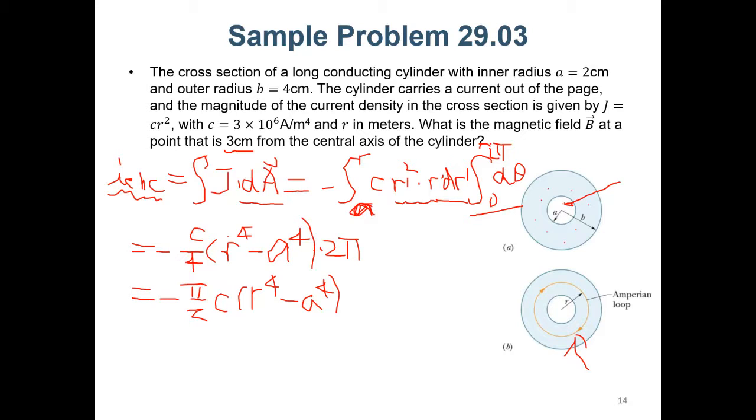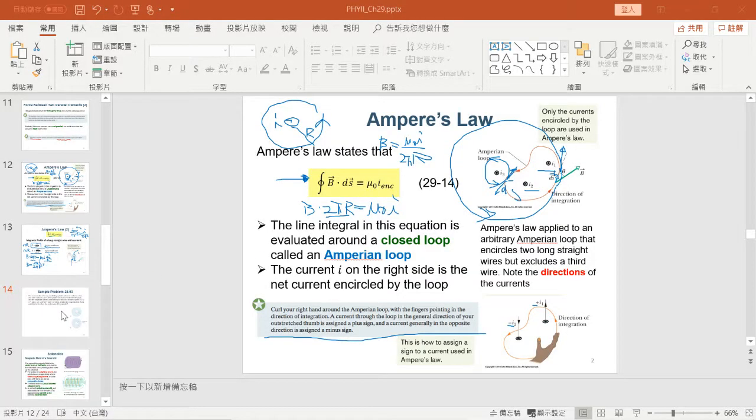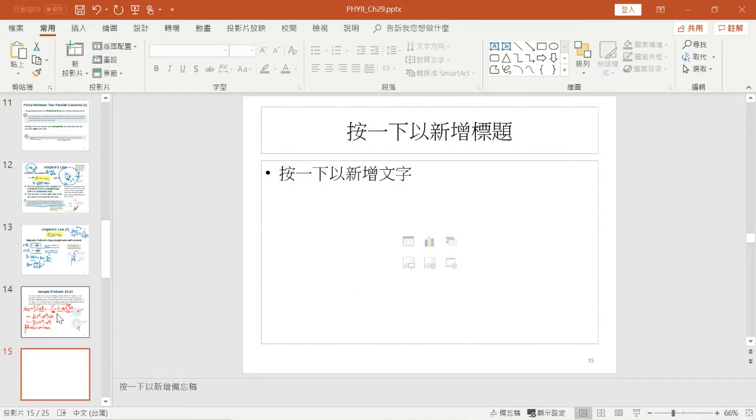So actually, according to Ampere's law, B dot ds would be mu 0 I enclosed. Maybe I just insert another page.